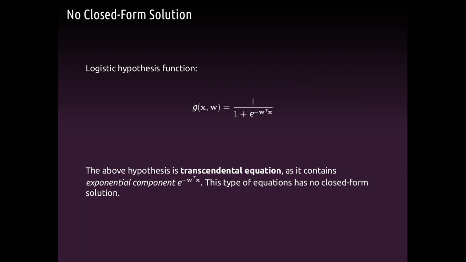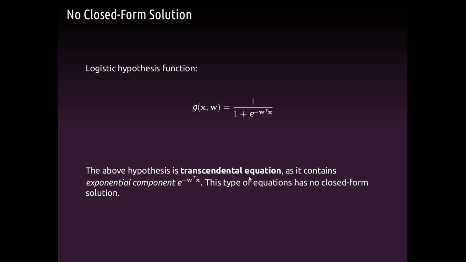In order to start the topic today, I would like to mention that the logistic regression model has no closed form solution, and this is because the hypothesis behind the logistic regression is the logistic function, and the logistic function is classified in mathematics as a transcendental equation.